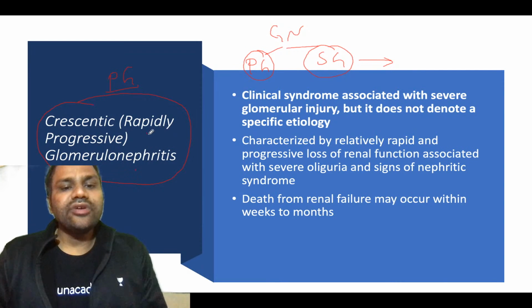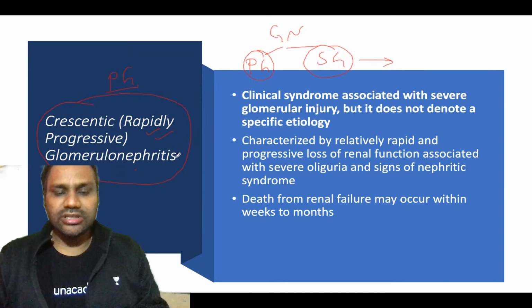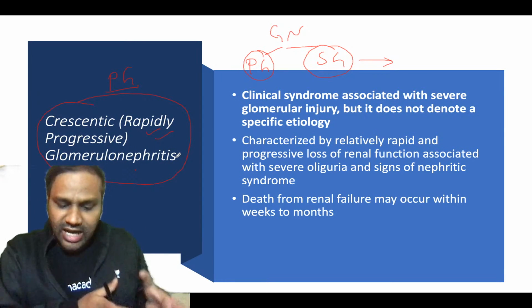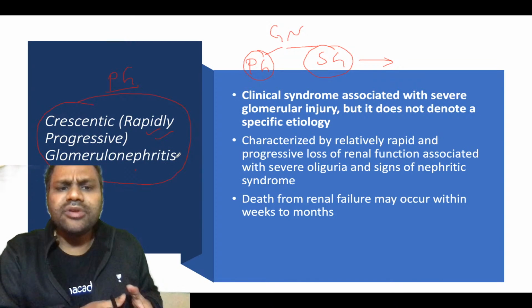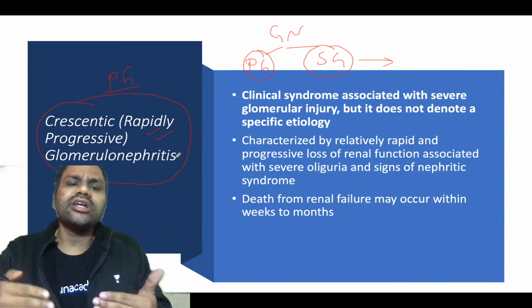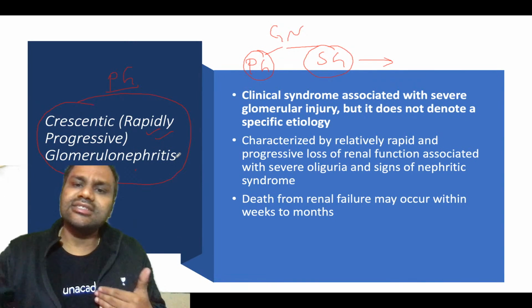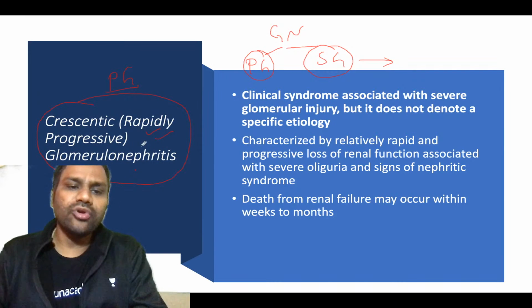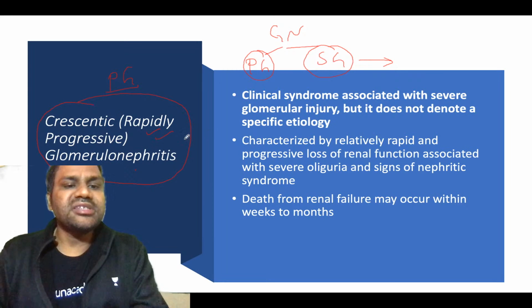Clinically we call it rapidly progressive glomerulonephritis because within 1 to 2 weeks of the beginning it progresses to end stage renal disease, hence the name.